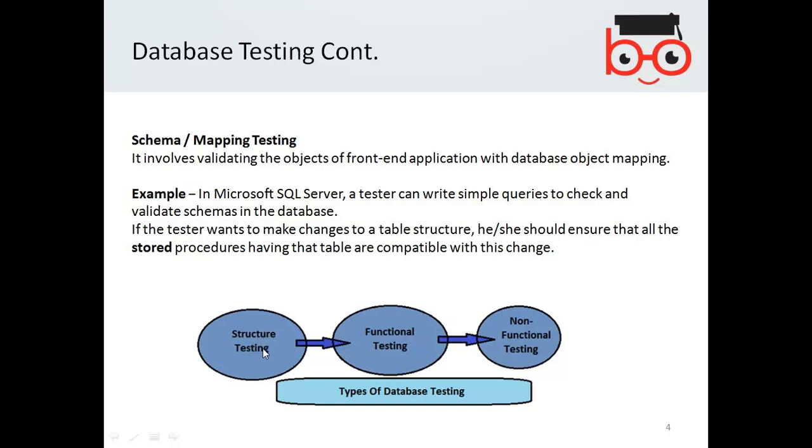structure testing, functional testing, non-functional testing. So overall, whenever you are required to test any individual component, from structure to function, function to non-function, everywhere you map the objects and you validate the objects.